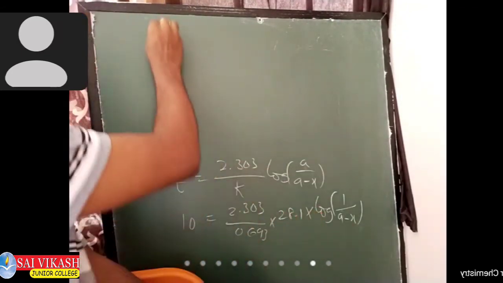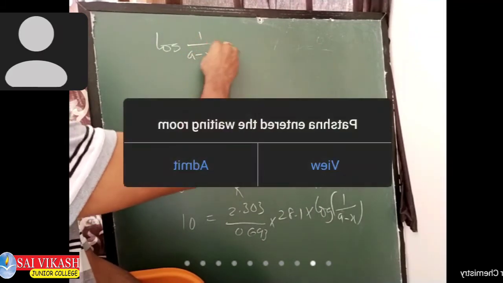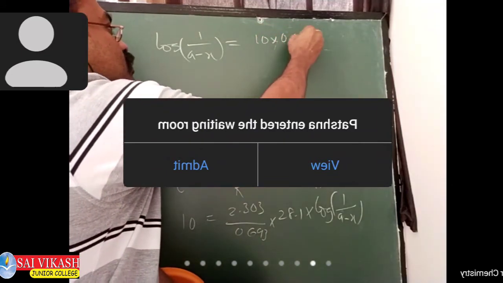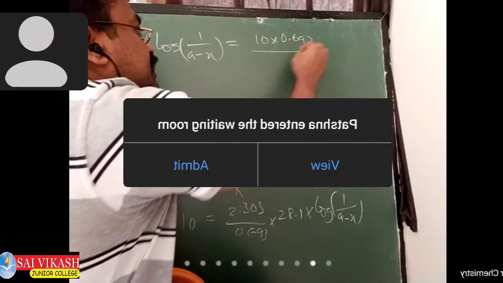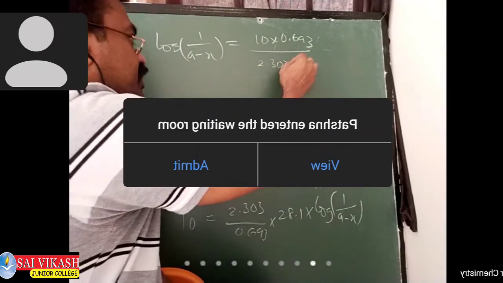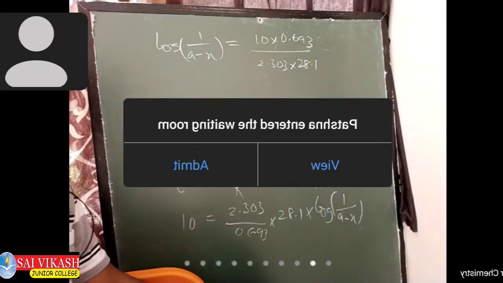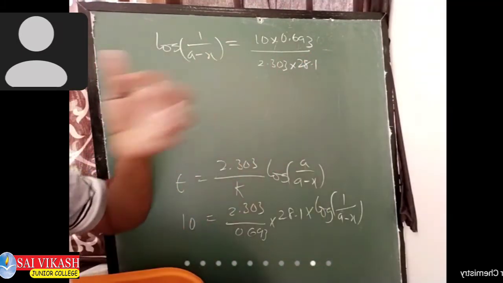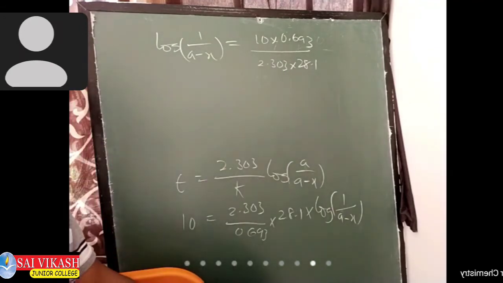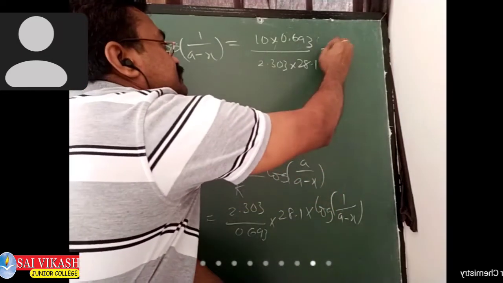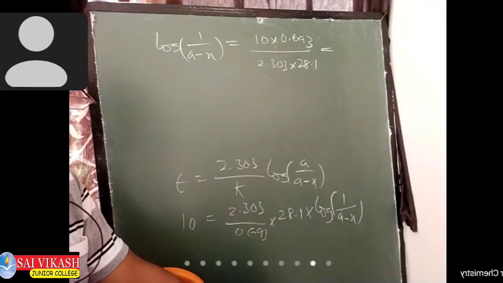So tell me log of 1 by A minus X value, how much? So it will be 10 into 0.693 divided by 2.303 into 28.1. So anybody simplify this and quickly tell me the answer, how much it comes? 10 into 0.693 by 2.303 into 28.1. How much? This is log of 1 by A minus X. Tell me this.